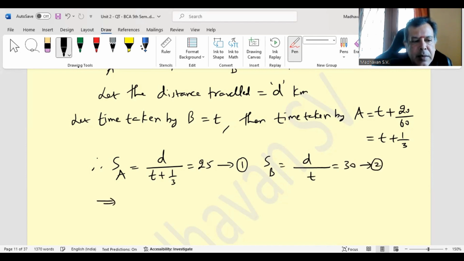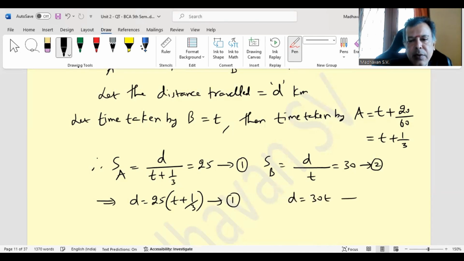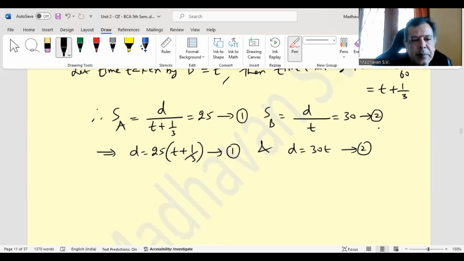So that means we have D is equal to 25 times T plus 1 by 3 from the first one. And then D is equal to 30T, that is from the second one. Now both are D, we can equate it.